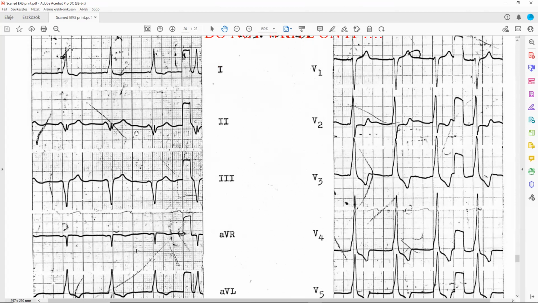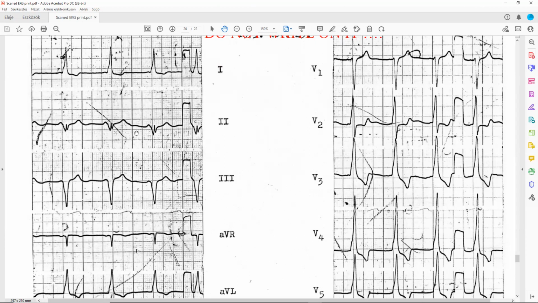It didn't have enough time for depolarization. No. So when the PR is short, what kind of syndrome is this? It would be a blockage, I believe. Pre-excitation syndrome. If you have a blockage, the PR should be wider, but this is shorter, so we have a faster conduction through the AV junction.